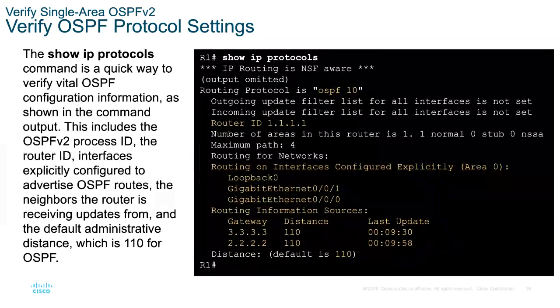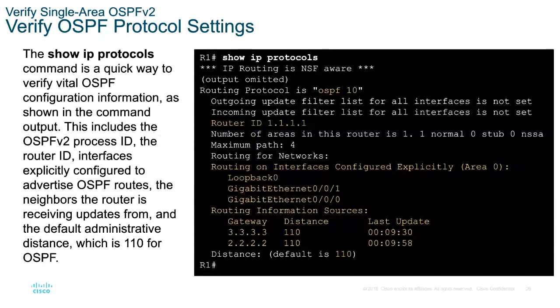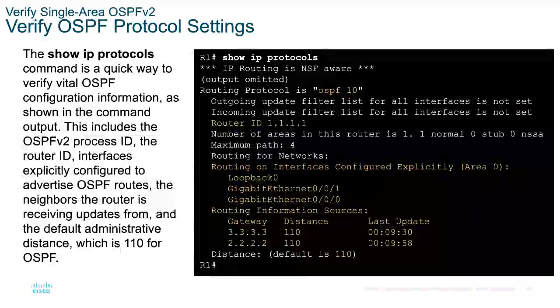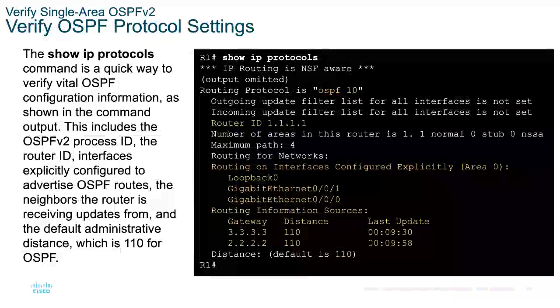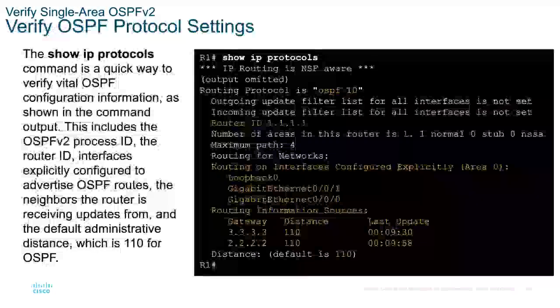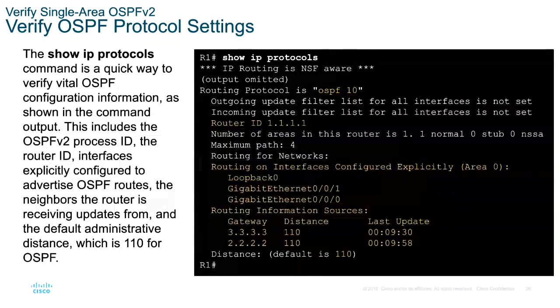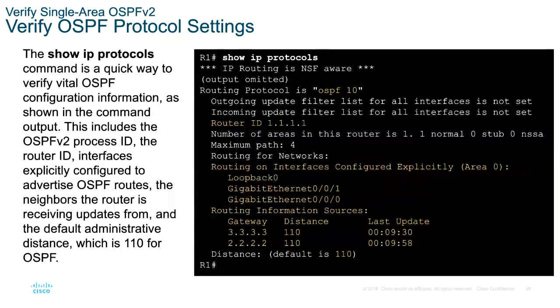This will tell you what the process ID is for the device, what its router ID is, what areas are active and the interfaces that are participating in the area, what neighbours it's sharing information with, and what the default administrative distance for this protocol on this device is.